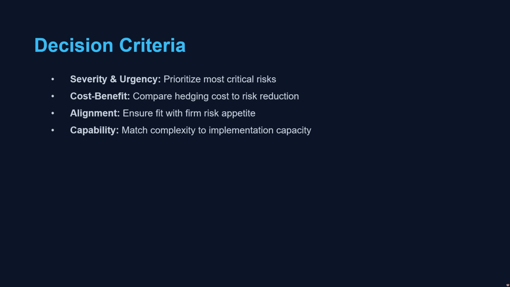A hedge that requires dynamic rebalancing, collateral management, independent valuation, and intraday monitoring may be inappropriate for a firm that lacks the systems and controls to handle it. So, the best strategy is not merely the most elegant one. It is the one that is economically justified and operationally sustainable.